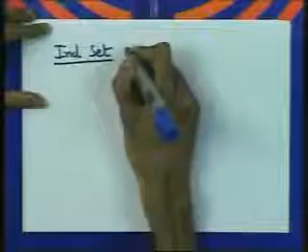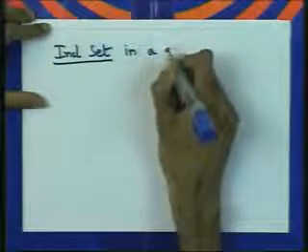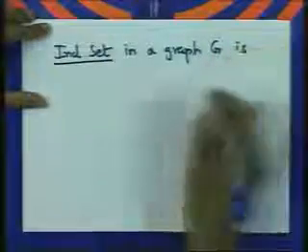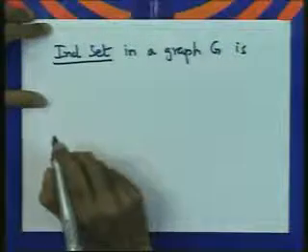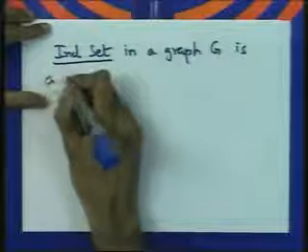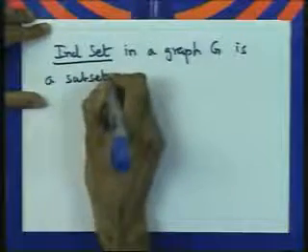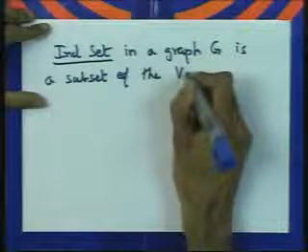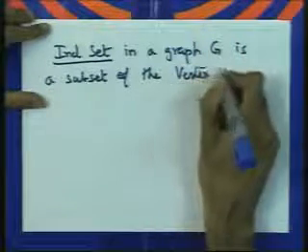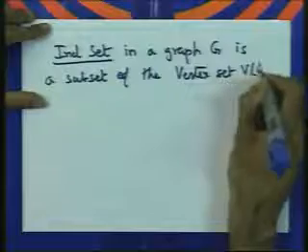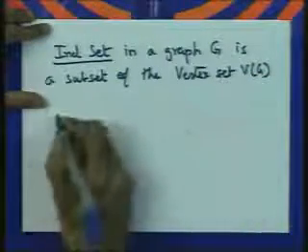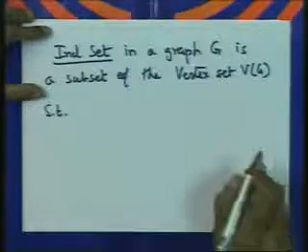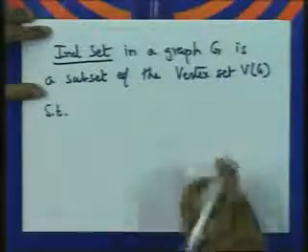An independent set in a graph G is a subset of the vertex set such that there are no edges between any pair of vertices.